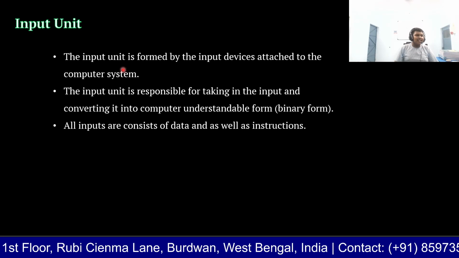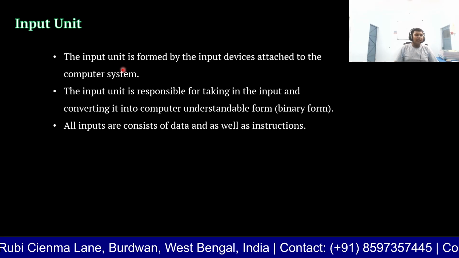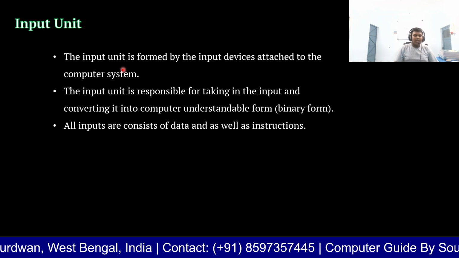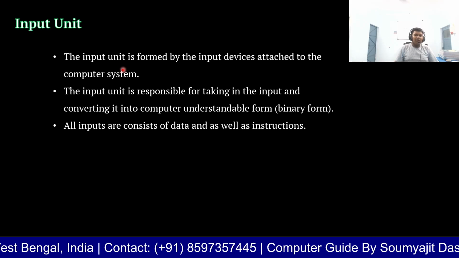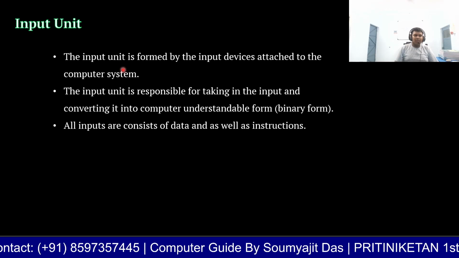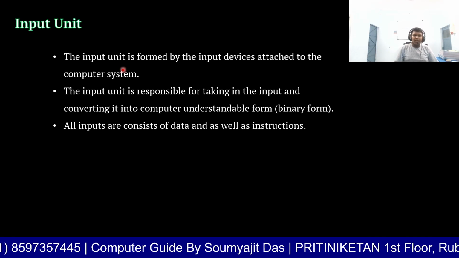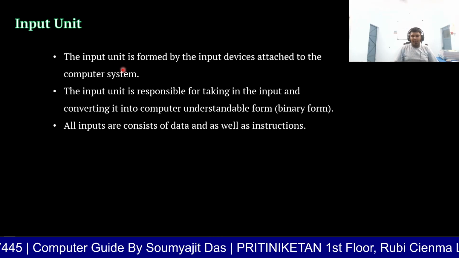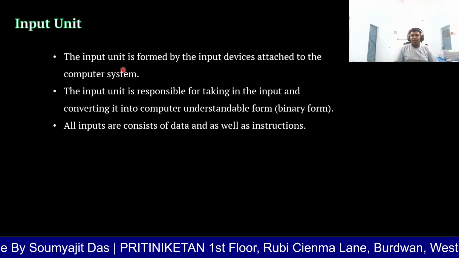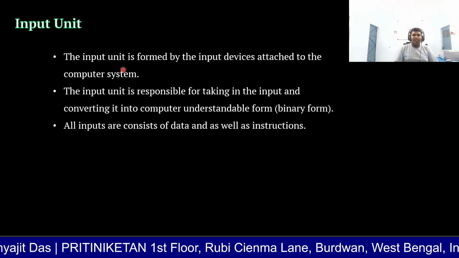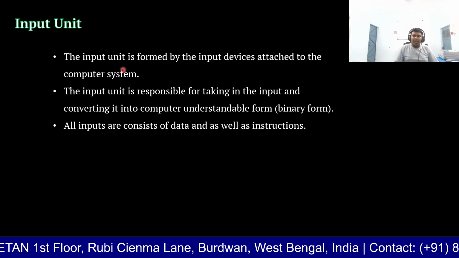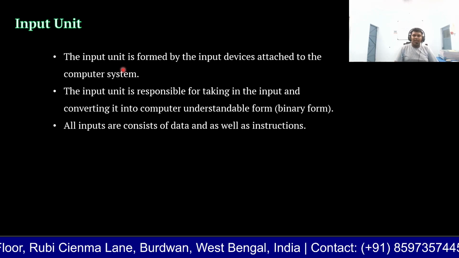The input unit must always be attached to the computer, because without attachment it cannot work. It can be wireless or wired. It is responsible for taking the input of the user and converting it into computer-understandable code. Let's say we type hello world. The computer cannot understand the English language, but it can process it into binary. So by pressing a key, it sends the signal for that particular letter code.